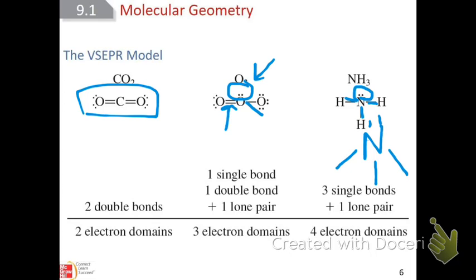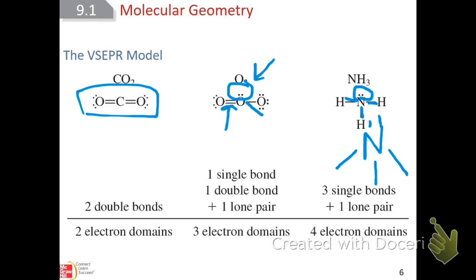And on page 369 in your text, it really shows a good picture of what's going on in this situation and what you can expect, what domains are, where the lone pairs are, and what those lone pairs do and how they push things down and make them look different than you would perhaps expect them to look.